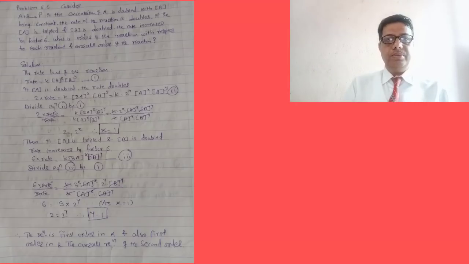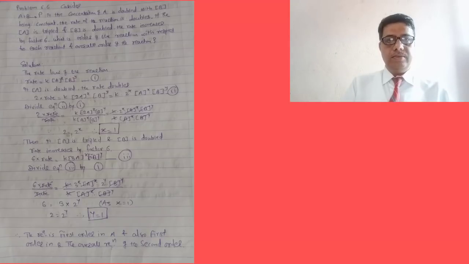It is the sum of the powers of the concentrations of the reactants, that is A and B. X is equal to 1, Y is equal to 1, so 1 plus 1 is equal to 2. So the overall order of the reaction is second, or it is a second order reaction.